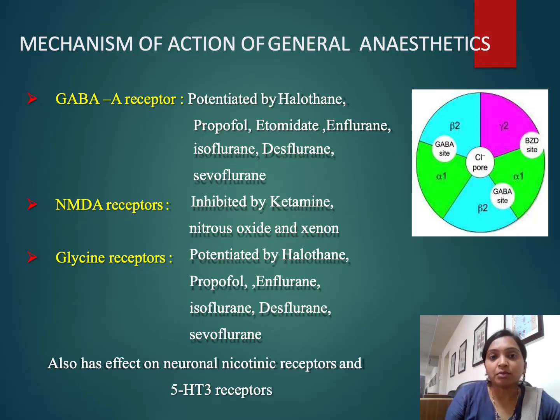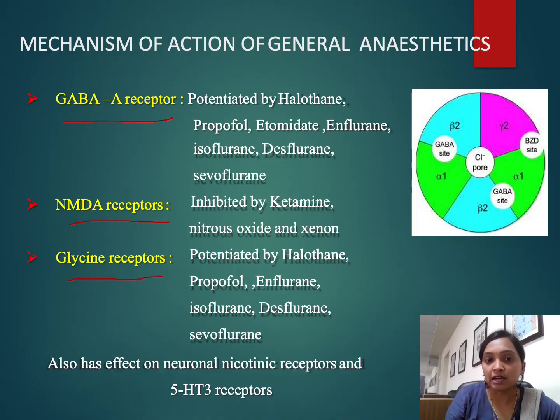Coming to the mechanism of action of various general anesthetics, there is either enhancement of inhibitory neurotransmitters or inhibition of excitatory neurotransmitters like NMDA. Inhibitory neurotransmitters are GABA and glycine.